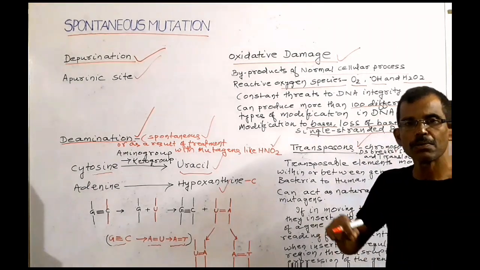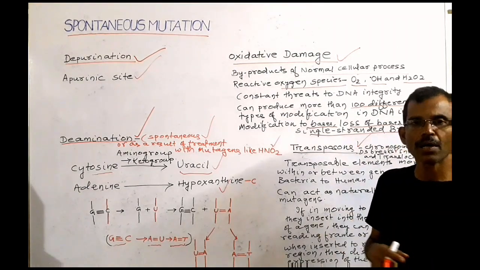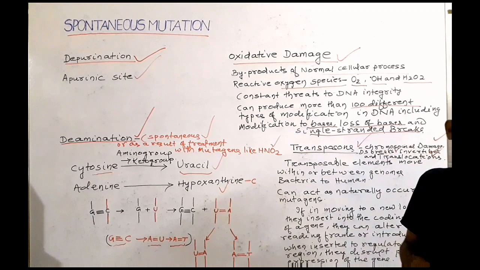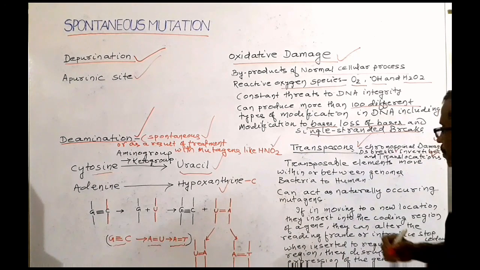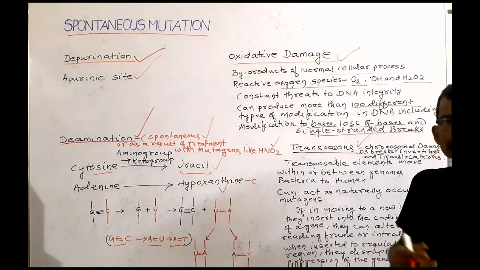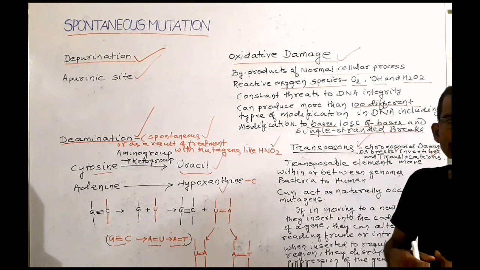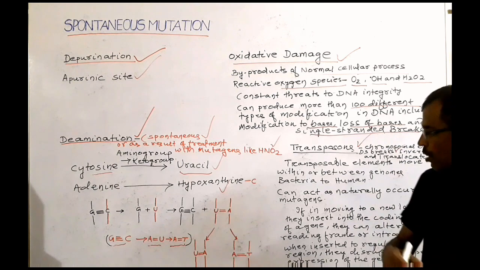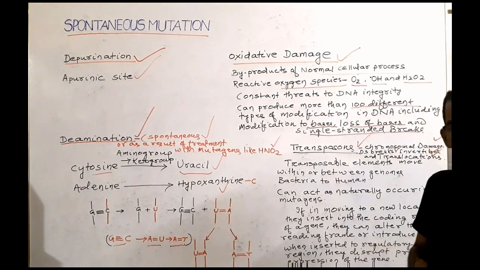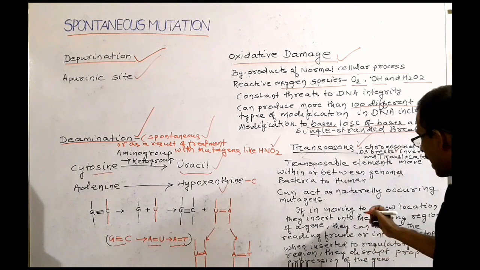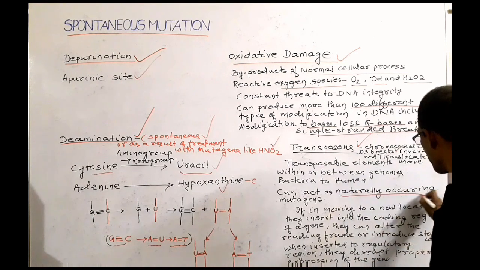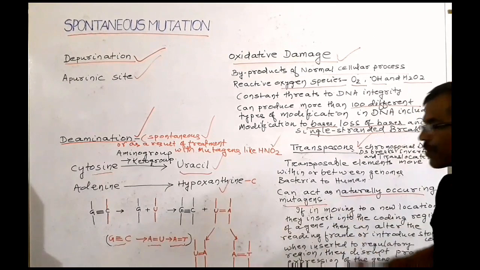Such transposable elements are very natural. They occur in all organisms from bacteria to human beings. These genetic elements move within or between genomes, and transposons can act as naturally occurring mutagens.